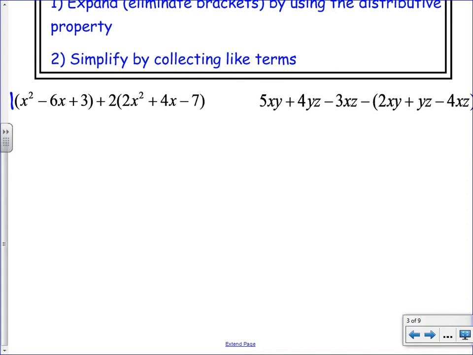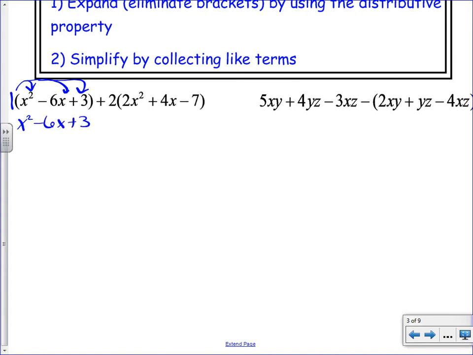So I'm going to put that 1 in there, and it's like saying I have to multiply inside. So 1 times x squared. Nick, what do I get? Yeah, x squared. If you multiply 1 by everything in here, I'm going to get all the same terms. So I have x squared minus 6x plus 3.